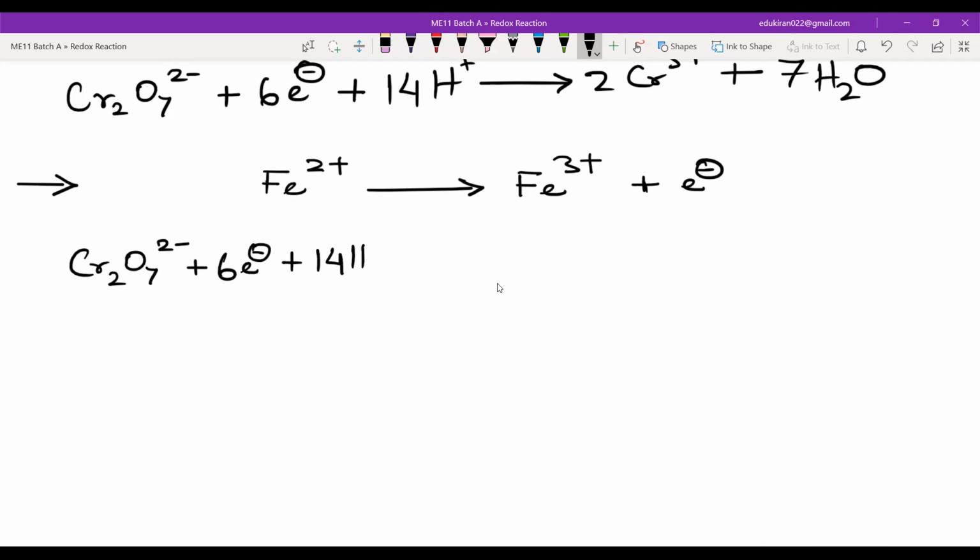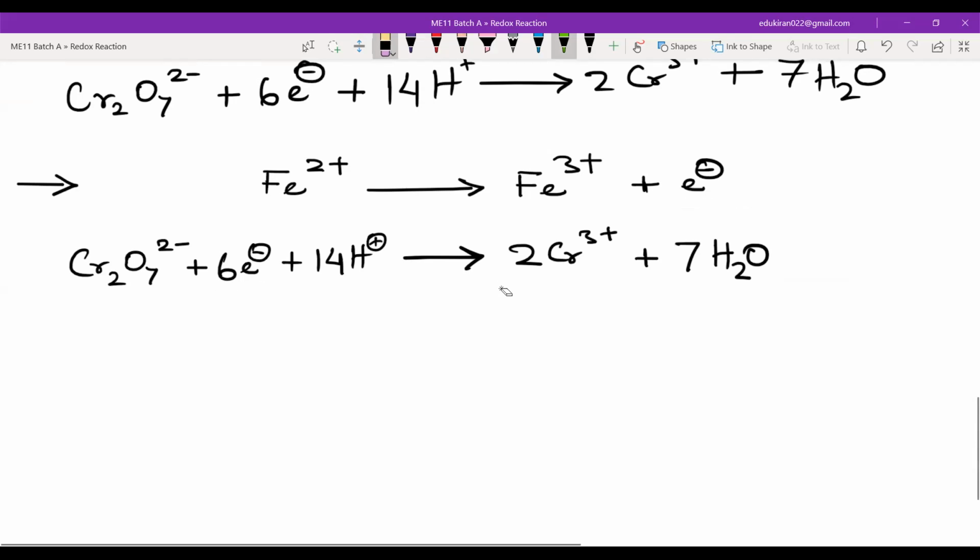A plus B plus C giving me C plus D plus E, then I can write this equation as A plus B giving me D plus E. You know this, yes or no? Yes, sir. If you have the same things on both sides of the equation, then you can cancel it.